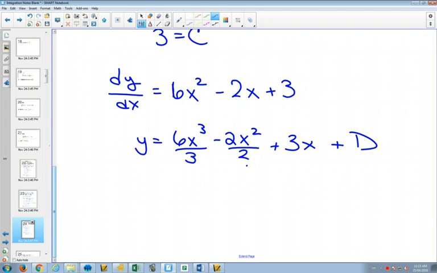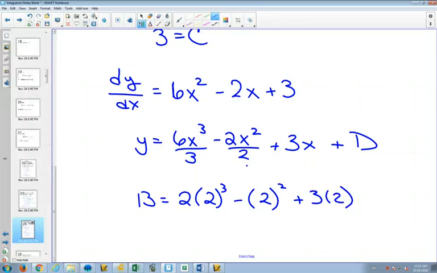So now when y is 13, x is equal to 2. And now we can solve for d.